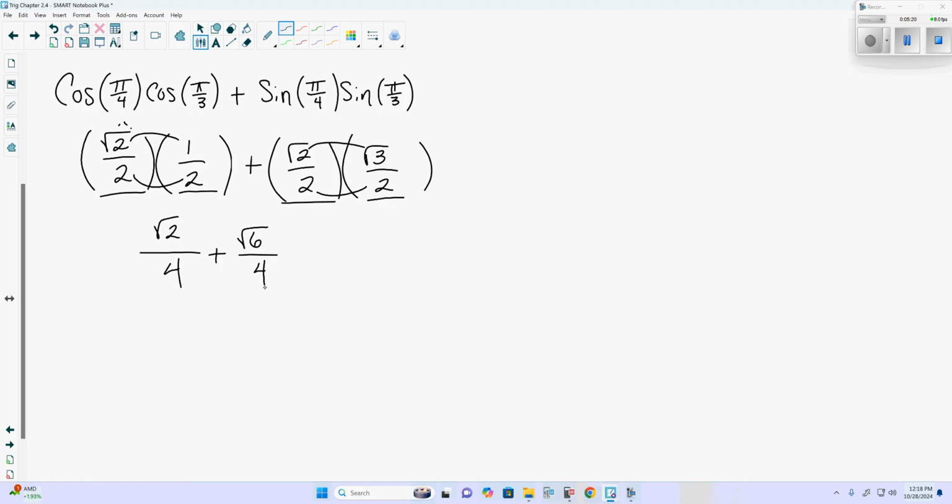Questions on this? Since they have the same denominator, we can add these together. When I say add them together, we just make them a single fraction, adding the square root of 2 and the square root of 6 over 4. So square root of 2 plus square root of 6 over 4.